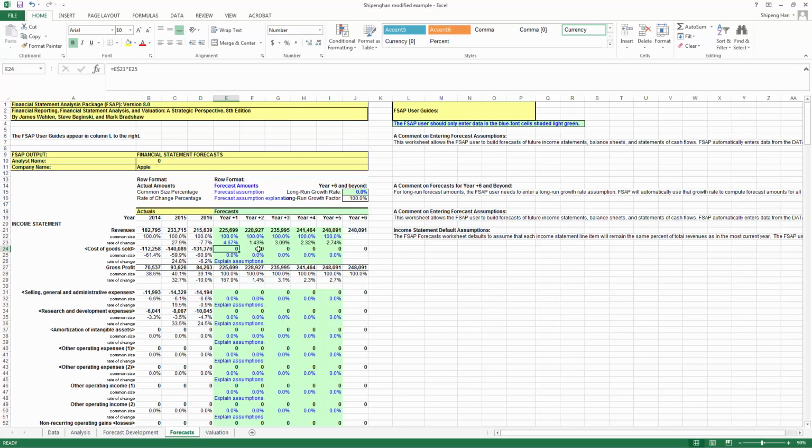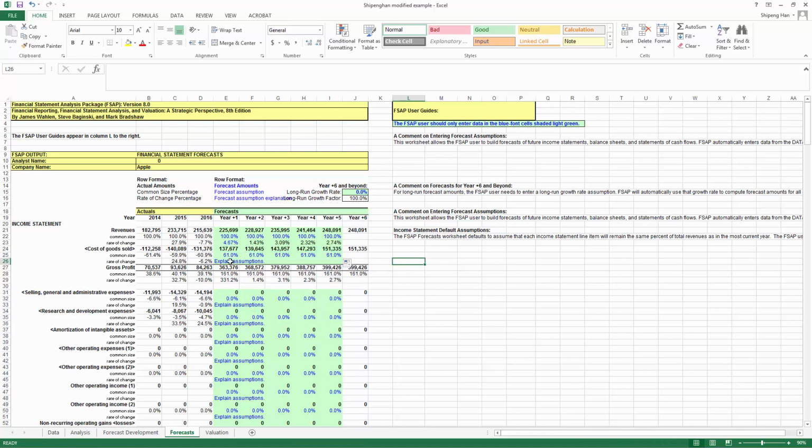The common size analysis is the information in this row. From year 15 to 16, on average, the cost of goods sold is about 60% of total revenue, right? So we just simply assume it is about 61% of the total revenue.